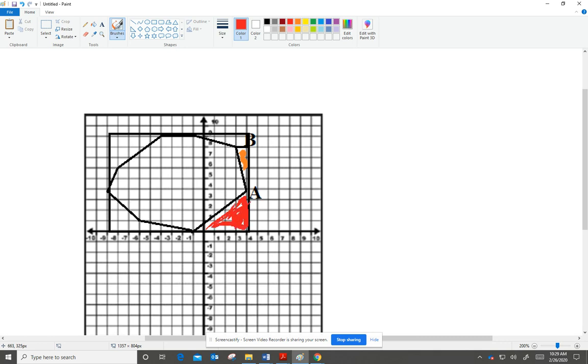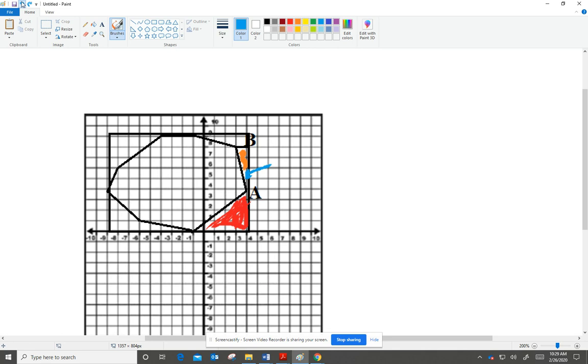Now, we know that all three of these angles, I'm going to label this 1, angle A is 2, and this angle there is 3, all form a straight line.